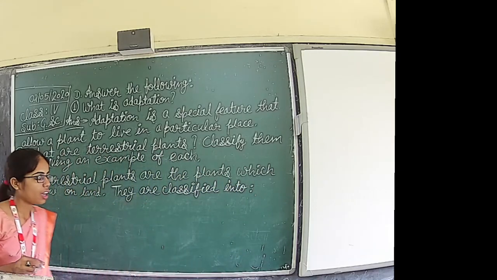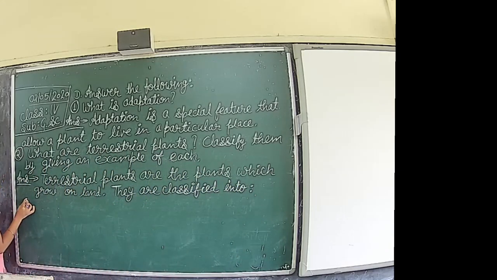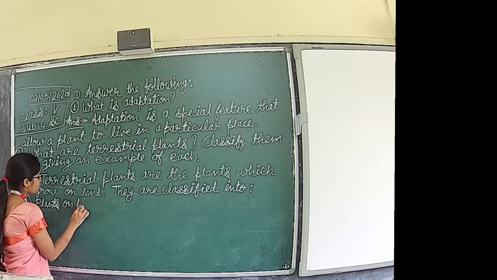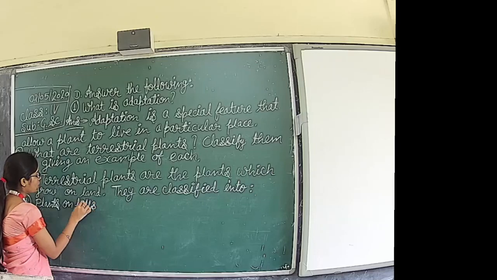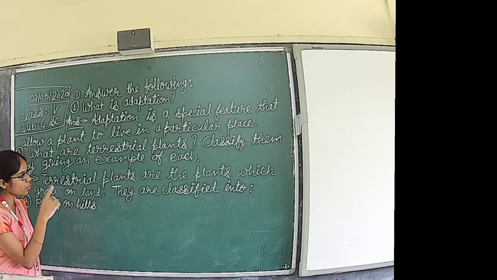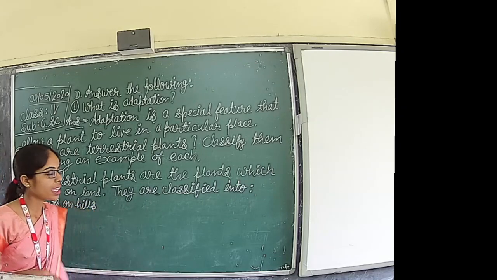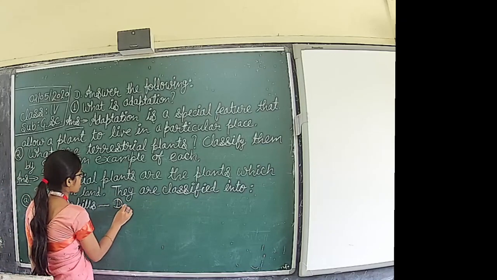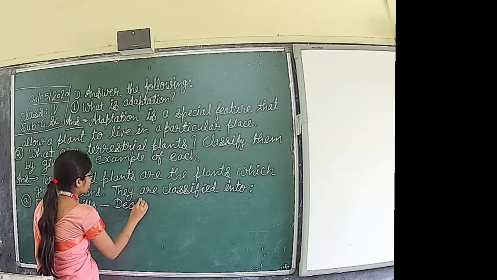First one is plants on hills. Do you remember? In last series we have discussed too much about these plants. What is example for that? Because we have to classify by giving one example. One very common example of this plants on hills is Deodar.